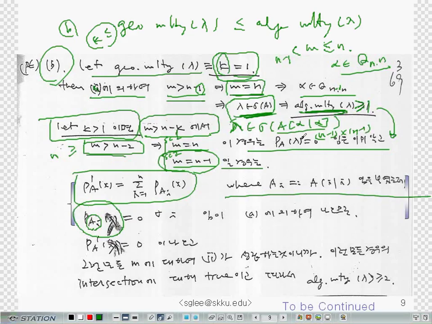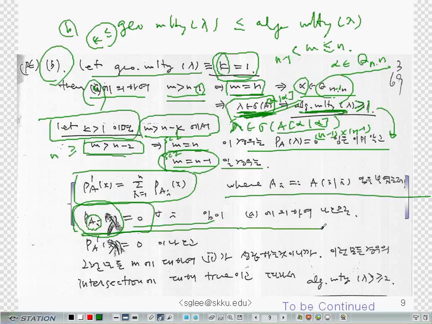Every arbitrary submatrix, because this alpha is chosen arbitrarily with these conditions. So from part A, we know lambda is an eigenvalue of any n minus 1 by n minus 1 submatrix. So it satisfies the characteristic polynomial of the n minus 1 by n minus 1 submatrix of A, every one of them.